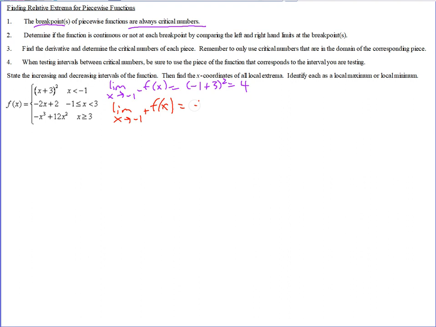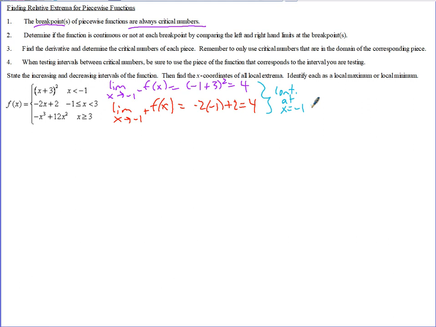So you get 2 plus 2, 4. So these are equal. So now we know this is continuous. It could be a local minimum or a local max potentially.